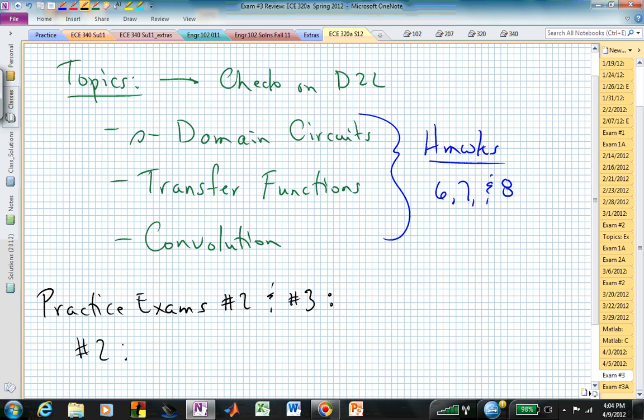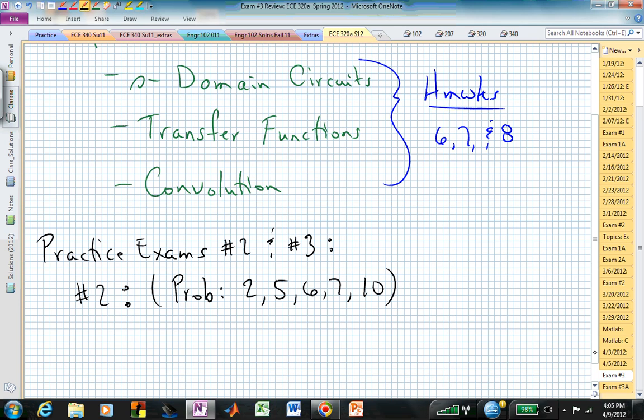Now for exam number 2, some problems that you can go back and look at would be problems 2, 5, 6, 7, and 10. Those deal with S-domain circuits, writing the equations. And they deal with initial value theorem, final value theorem, and I think that's roughly the concepts that those questions address.